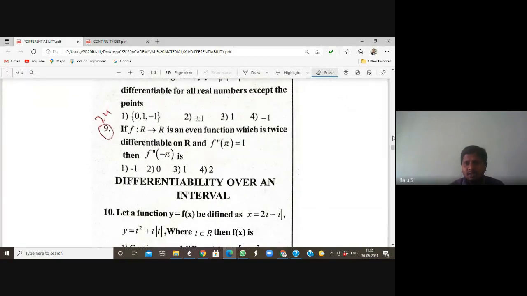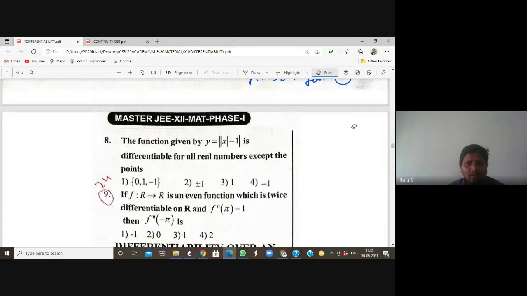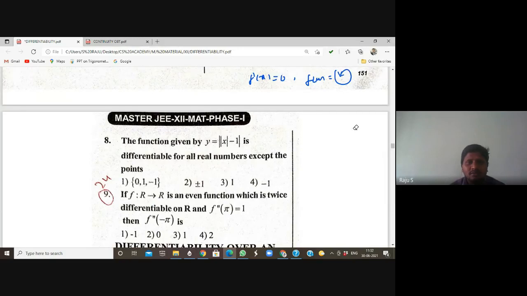Okay, students, can you try this question number 8? Tell me what is the answer for question number 8. What is the question? The function given by y equal to modulus of mod x minus 1 is differentiable for all real numbers except the point. Can anyone draw the graphical representation of this?